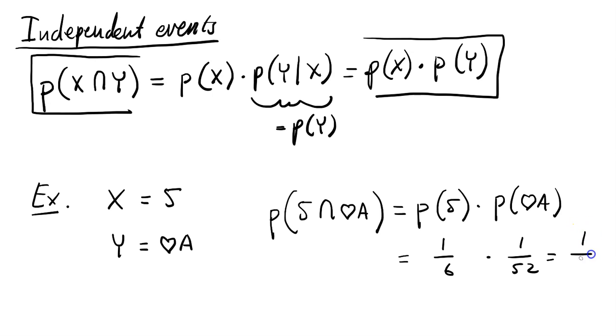So in this case, it's just 6 times 52, which is 312. So in this case, we can just multiply the probabilities. But in general, we cannot do this if the events are dependent. If the events are dependent, we have to take into consideration that they are dependent.